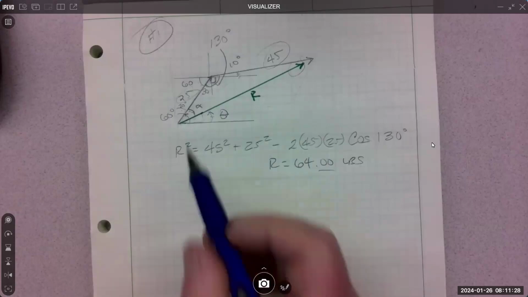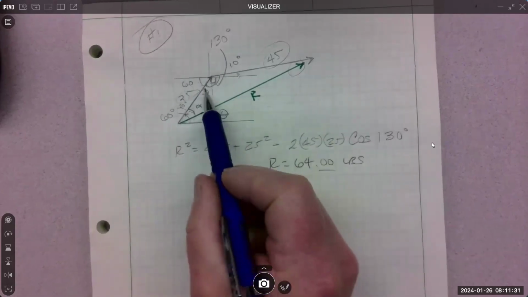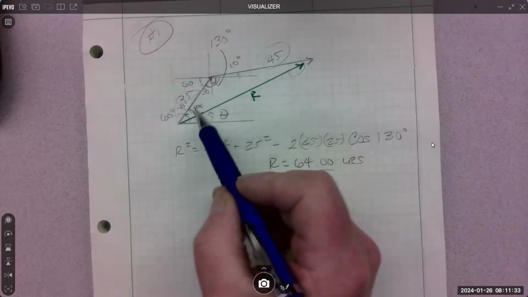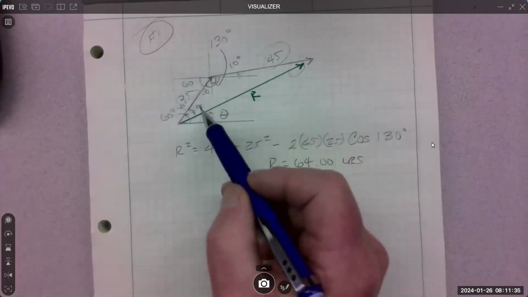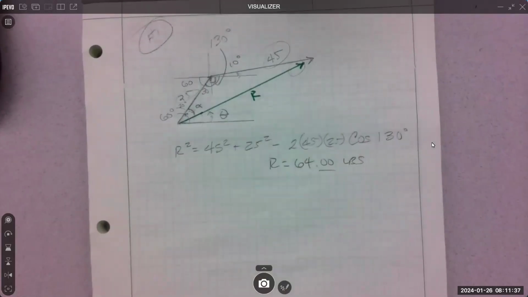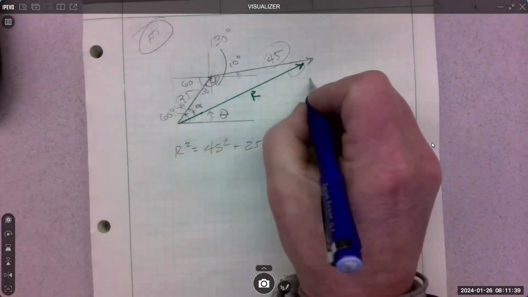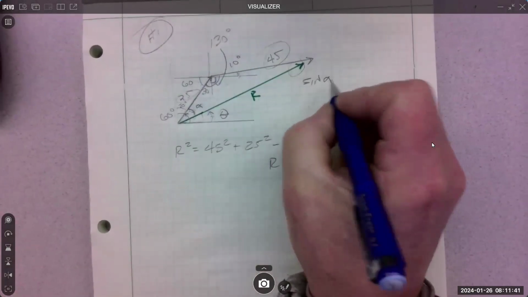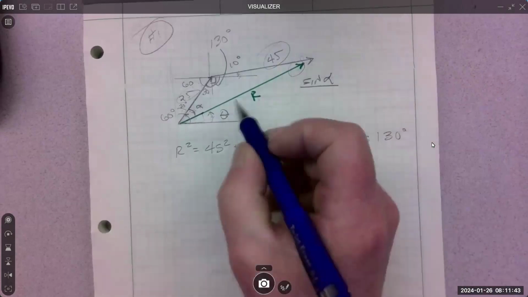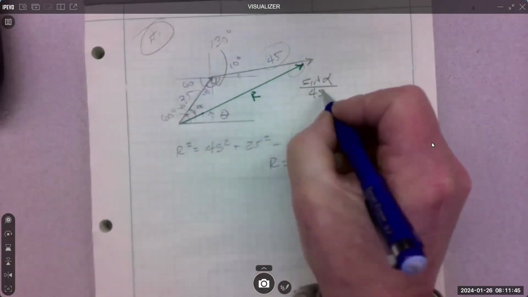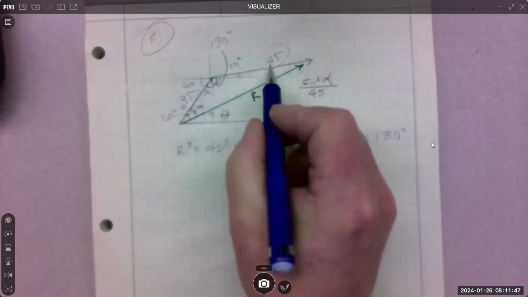And I'll do that with the sine law. Once we have this and a side, right, we can get more angles. And I'll write it upside down. Sine alpha over 45. So sine of the angle, opposite side.